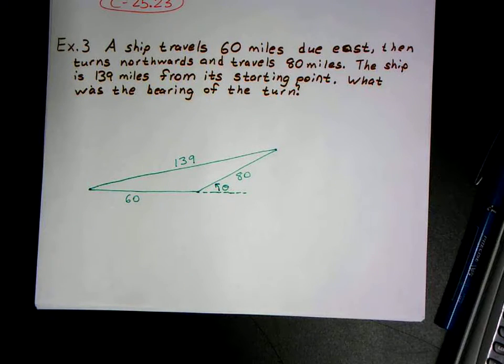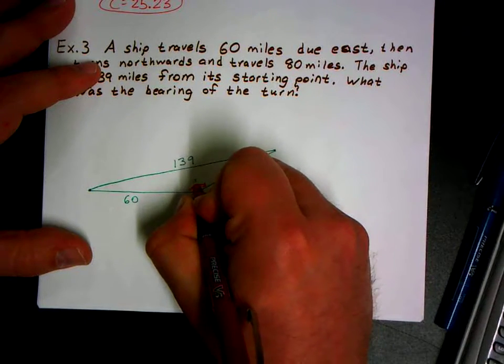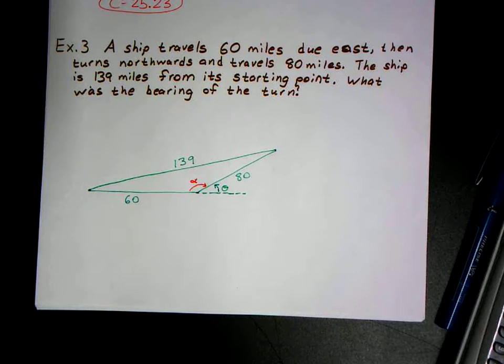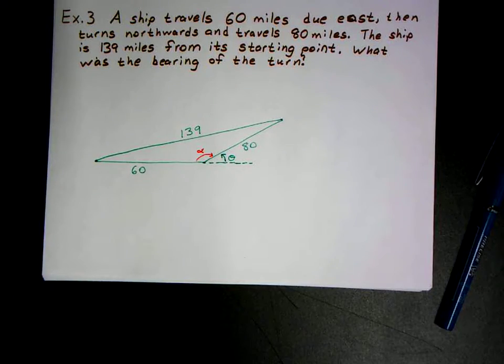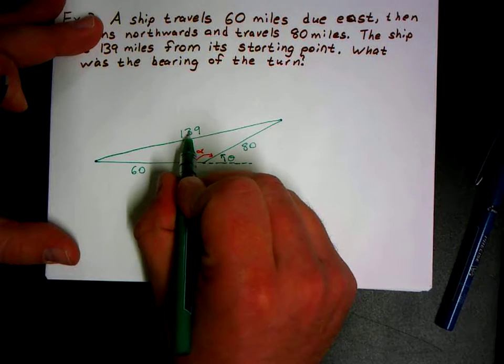Okay, now this is actually a really easy problem, because what I'm going to do first is find this angle. I'm going to call it alpha. And then theta is just 180 minus alpha. And with law of cosines, I can find alpha, because I know the three sides of my triangle. So, since I want this angle, I have to start with this side.